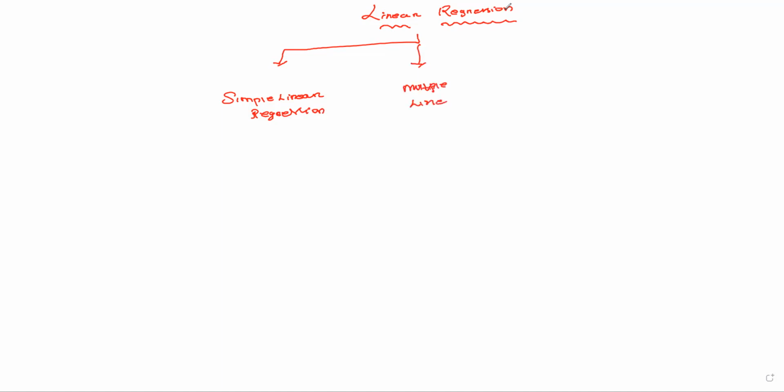Right now, we are discussing the concept called linear regression. Here, linear regression is of how many types? One is simple linear regression, the next one is multiple linear regression, and the next one is polynomial regression.